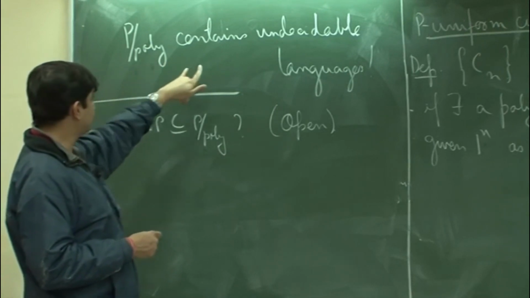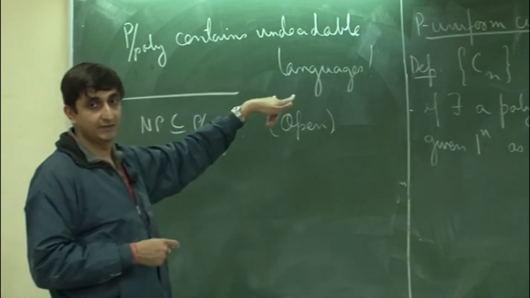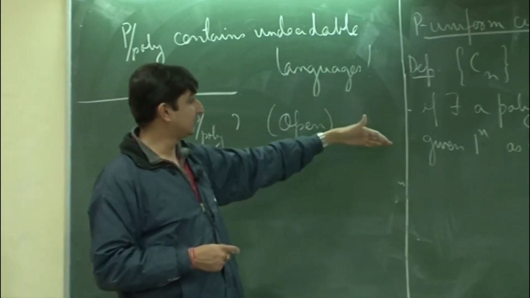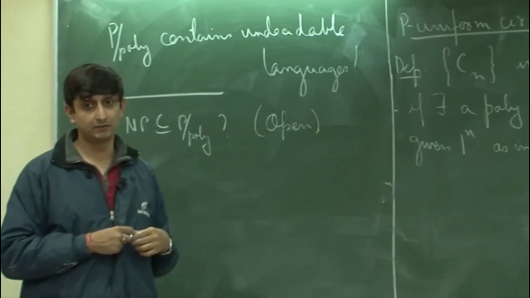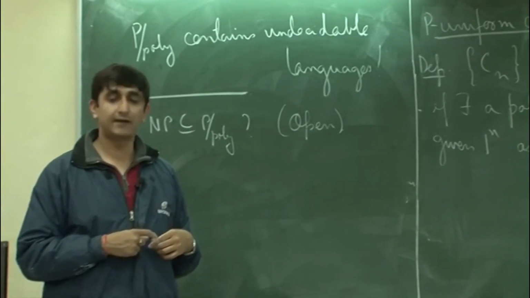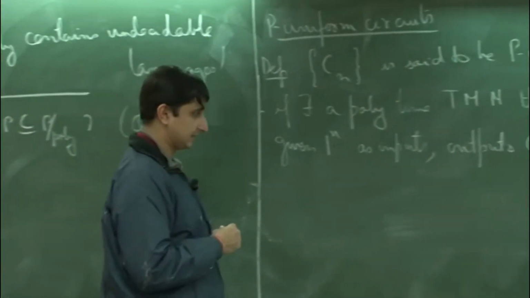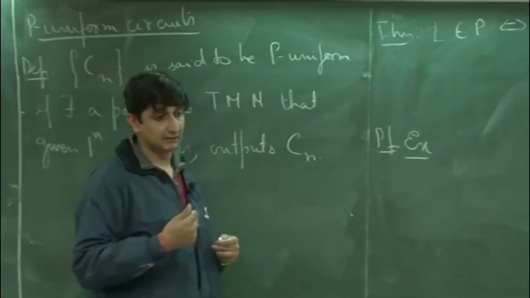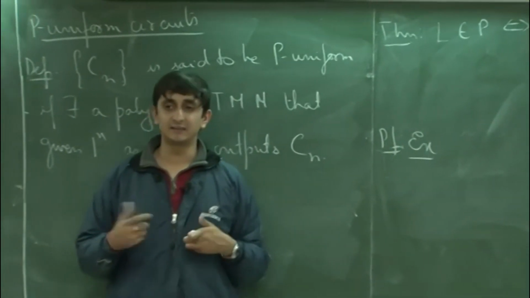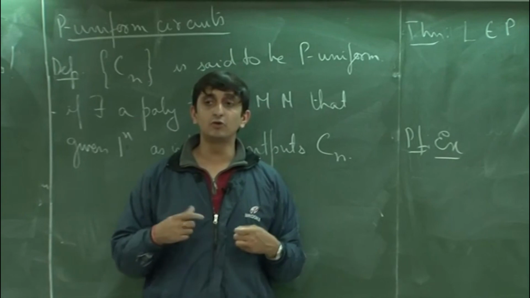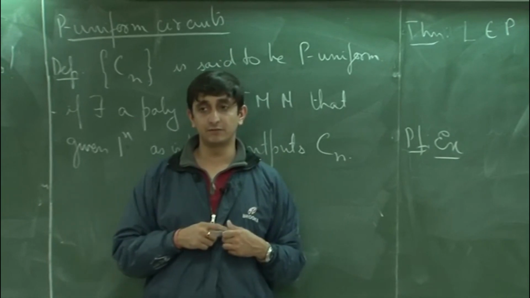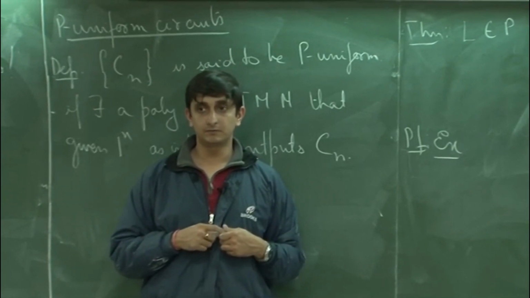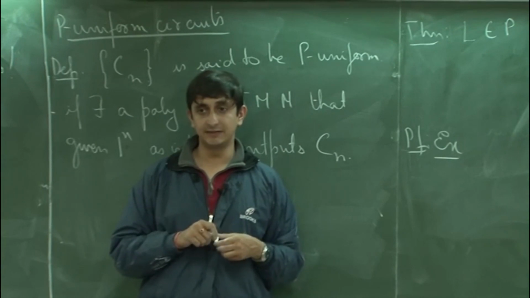When you are talking about sigma star, it is one language, and it contains another undecidable language as a subset. In fact, all languages are subsets of sigma star, you are right, but decidability or any other such property is not closed under the operation of containment. So that is a very easy thing to see.